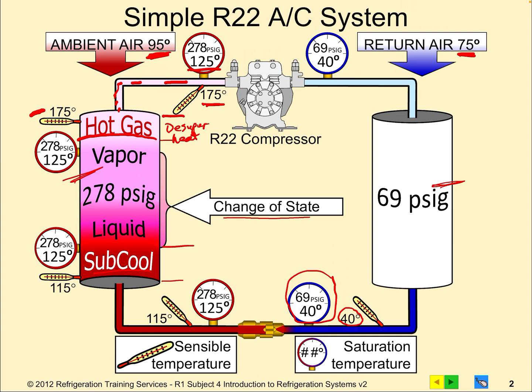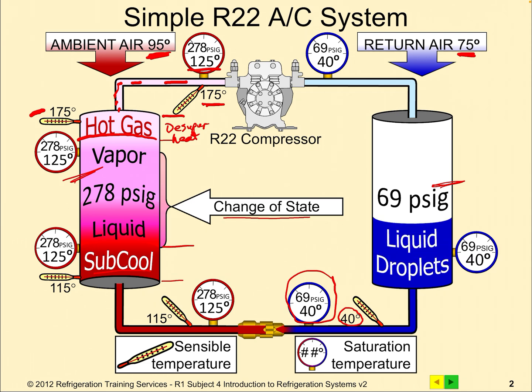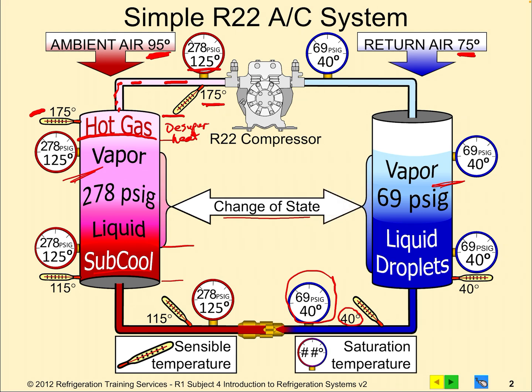Now as I progress through here, I'm still at 69 psi. I've got some liquid and I've got some vapor. And what the entire evaporator has to do, if it's really doing its job, is boil off 100% of the liquid into a vapor. And as you're seeing it change from a darker blue to a complete vapor, that's the point where we say, okay, that complete latent energy occurred there, we saw that change of state.